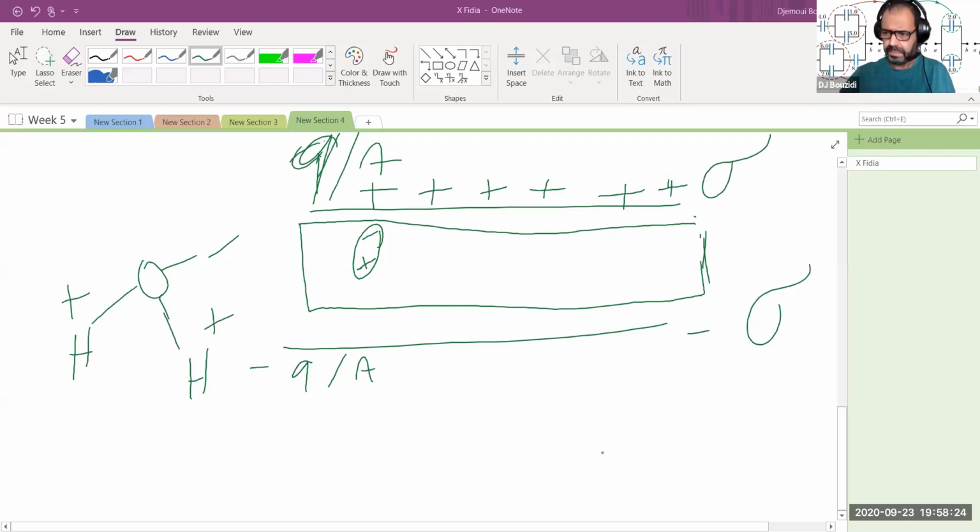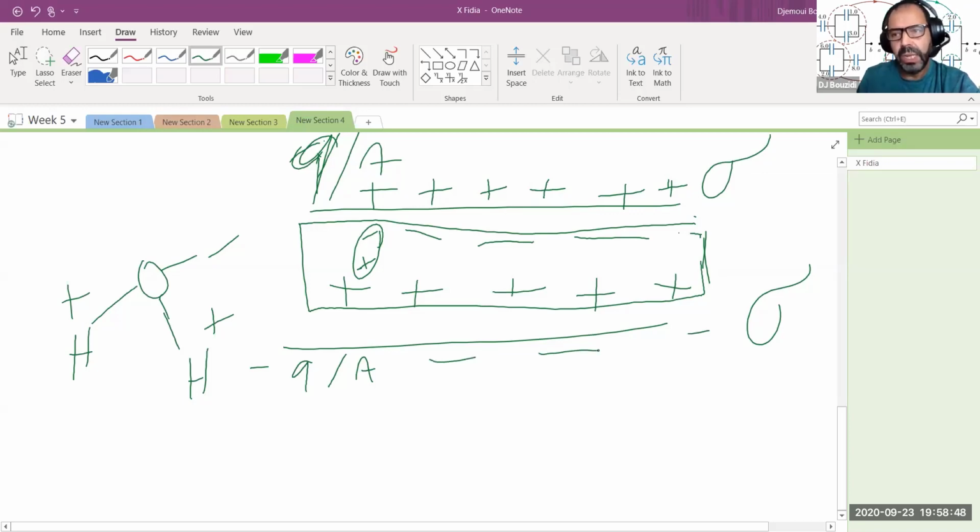That's the phenomenon that is also happening in the case of the so-called dielectric that I'm going to put in here. At the end of the day, negative charges will pile up closer to the positive ones, and the positive ones will be closer to the negative ones. This is a negative plate. My overall electric field, the original one, if I did not have this dielectric between them, is still sigma over epsilon naught.